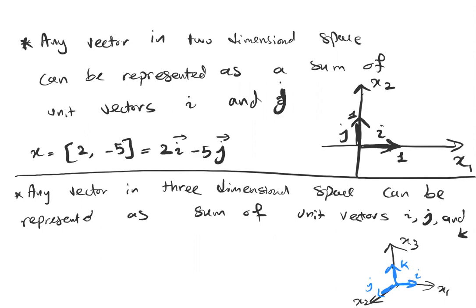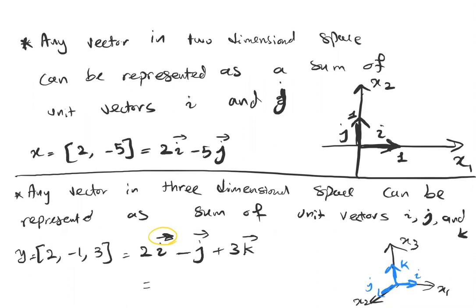So for example, if I have vector y equal to 2, -1, 3, then we can represent it as 2 multiplied by i. You can use this notation, this symbol for vector. You can also dismiss it. It's not necessary in our course. So -j plus 3k. Or alternatively, you can say 2i minus j plus 3k. So this is the same representation as showing it as this vector.